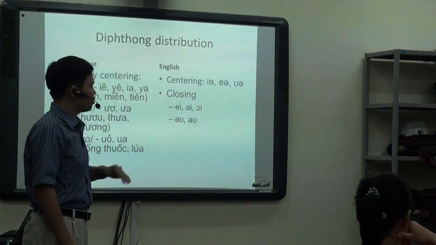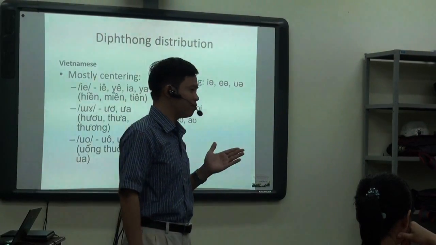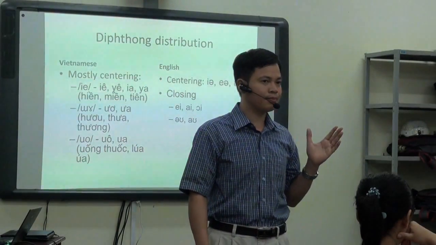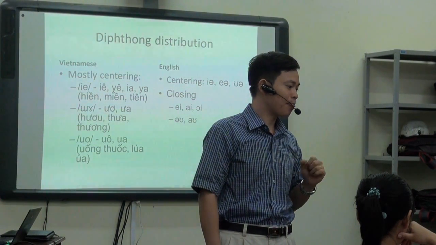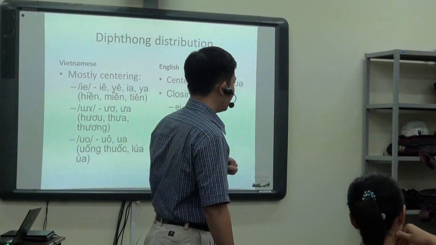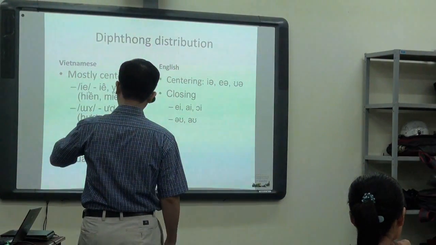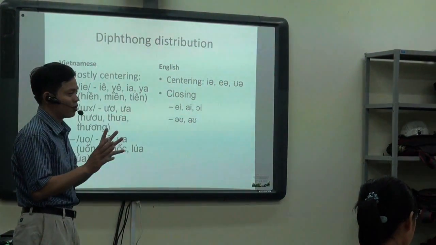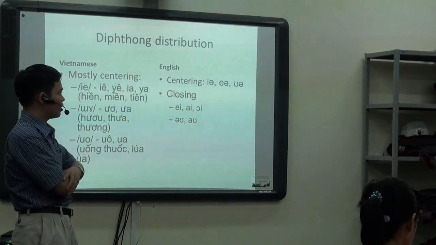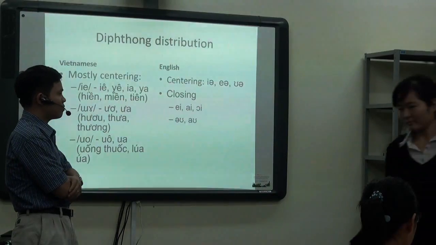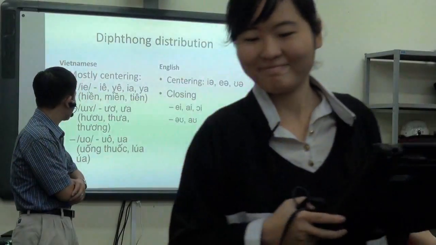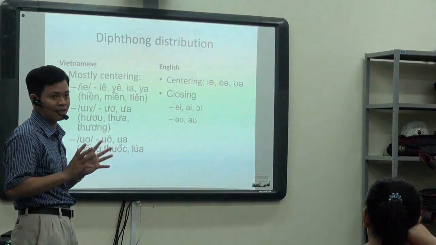Now, so far we have described the single vowels. Alright, there are also the double vowels or the diphthongs that we call. In Vietnamese, most of the time diphthongs are centering.